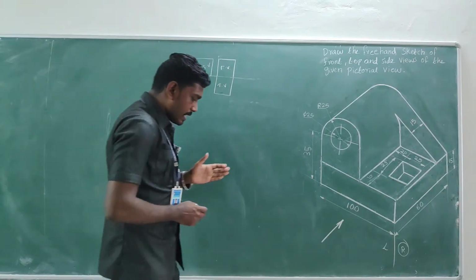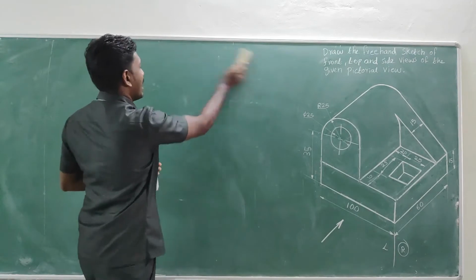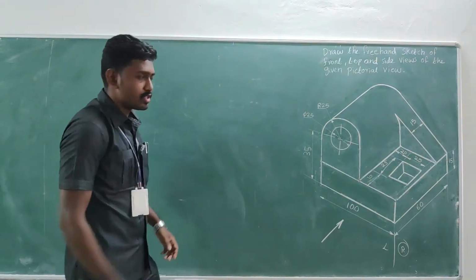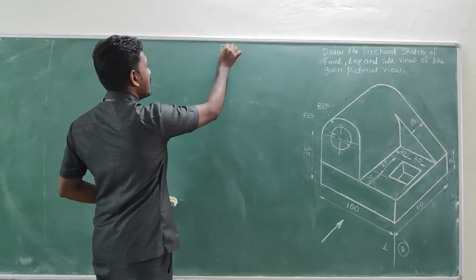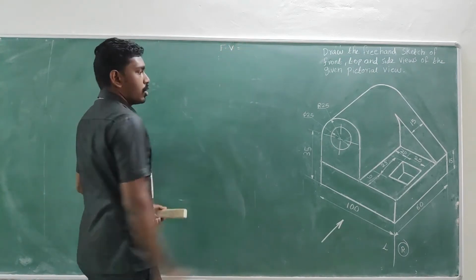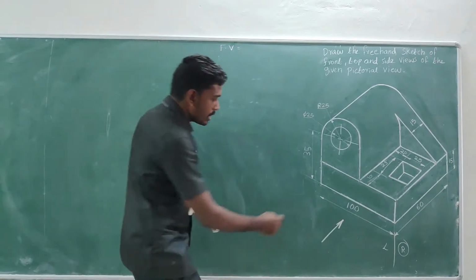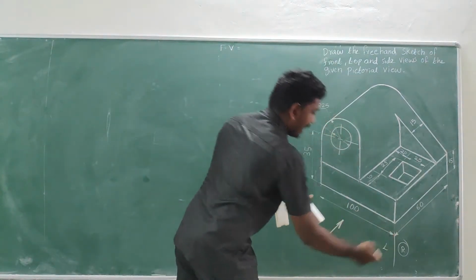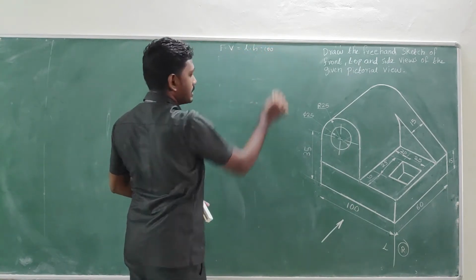Before starting the diagram, we must know the boundaries of the top view, front view and side view. First of all, begin with the front view. What about the front view boundary? Length and height of the object, right? The length of the object is 100.